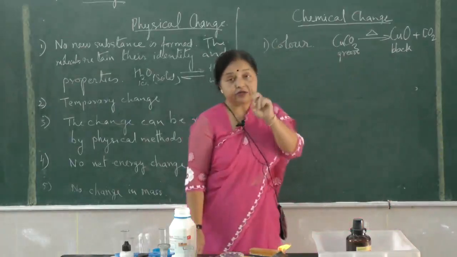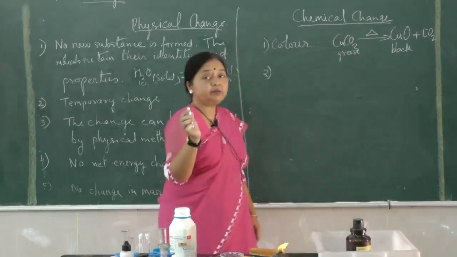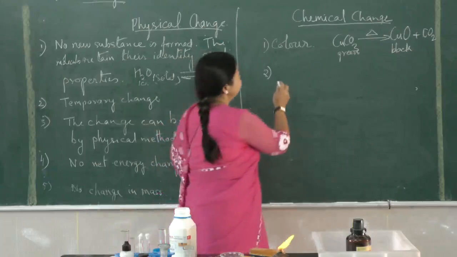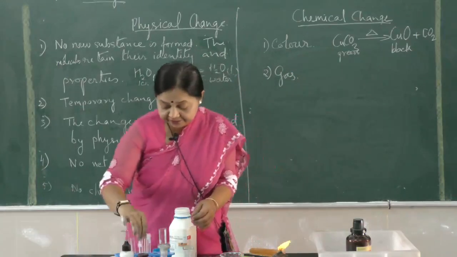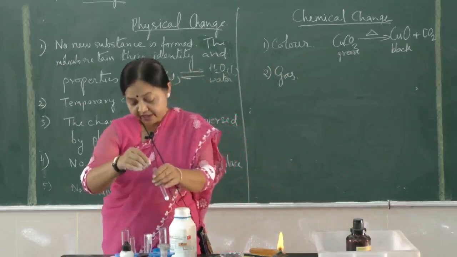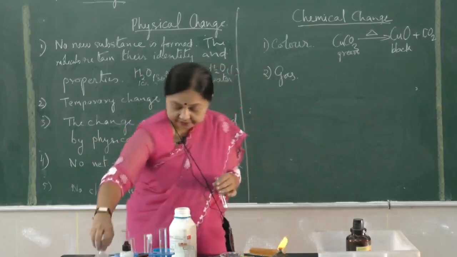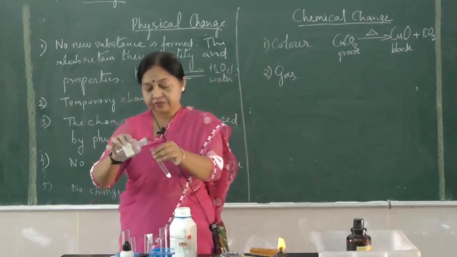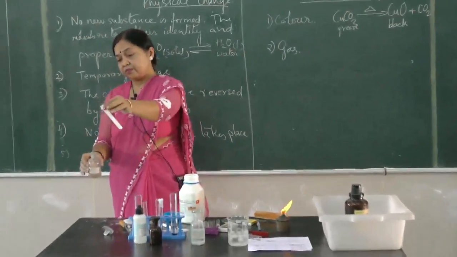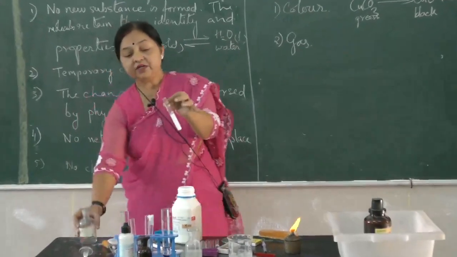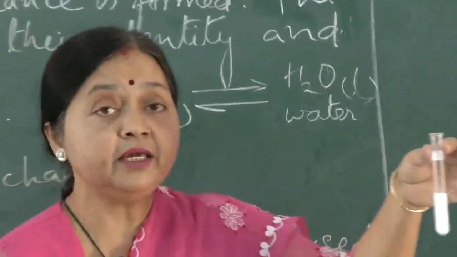The next is evolution of gas. Usually effervescence will take place or a gas will be evolved. So gas formation, evolution of gas. Suppose I am taking some carbonate over here and I add HCl to it. You can see the effervescence, the bubbling occurring, that means a gas is being evolved.